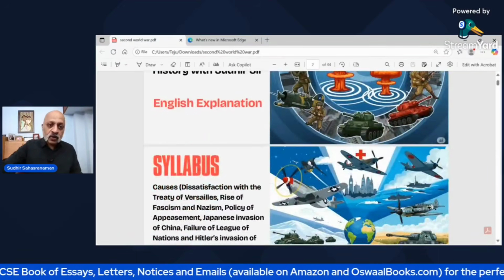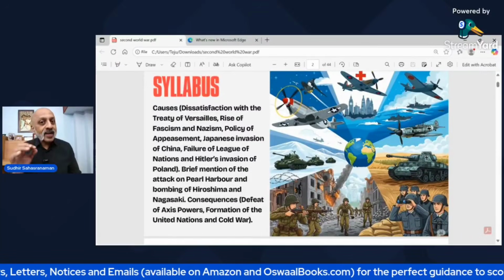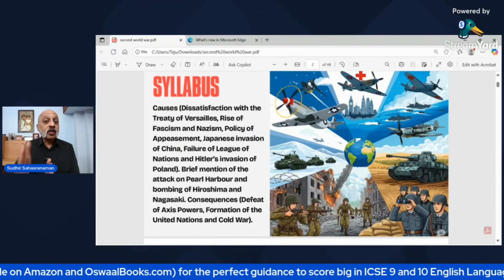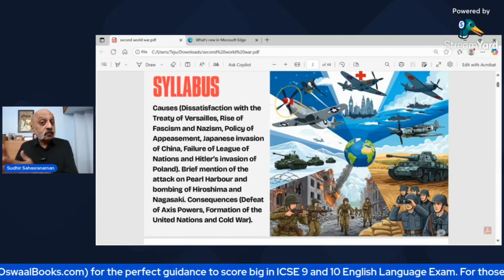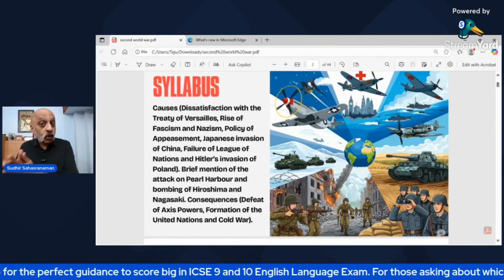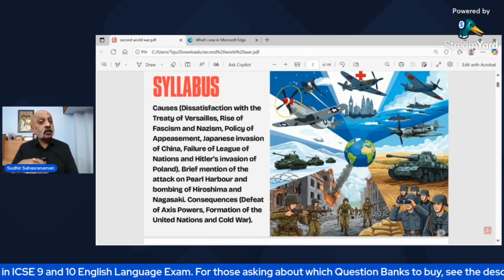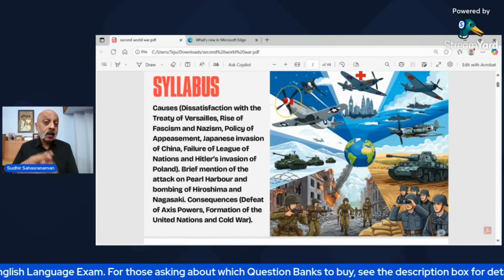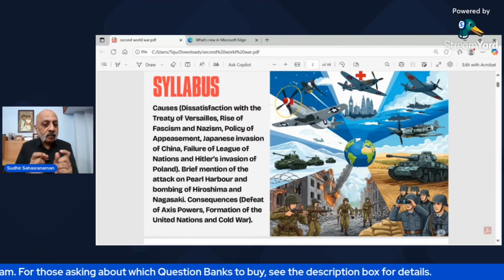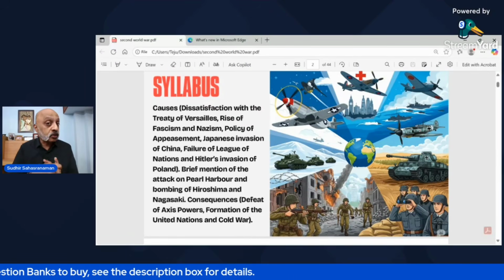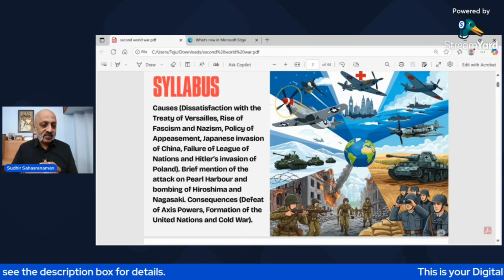Now, before we get into it, let's look at the syllabus. What exactly does the syllabus say? The syllabus says that you need to know the different causes that led to the Second World War, and the entire list is provided on the ICSE website. In previous years, one of them, the policy of appeasement, was removed, but it is now back for the 2026 board examination.